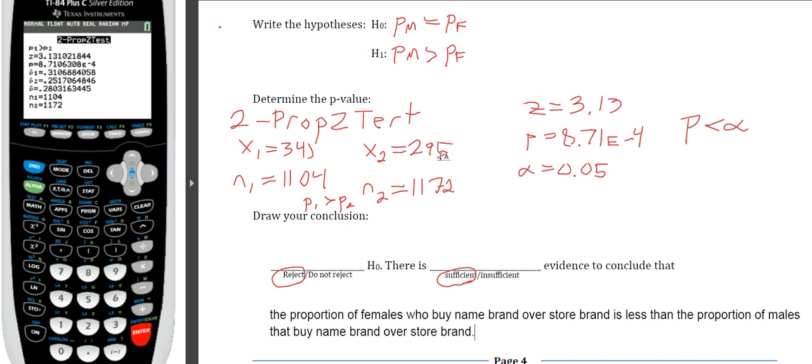Something like that. All right. So that covers yet another example of a hypothesis test.